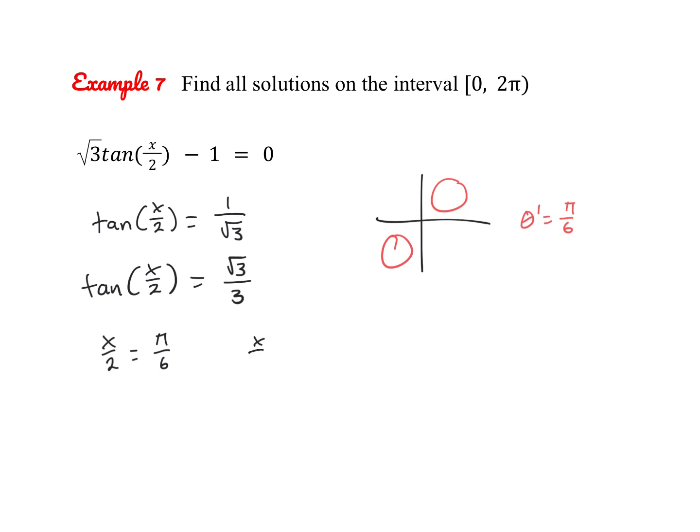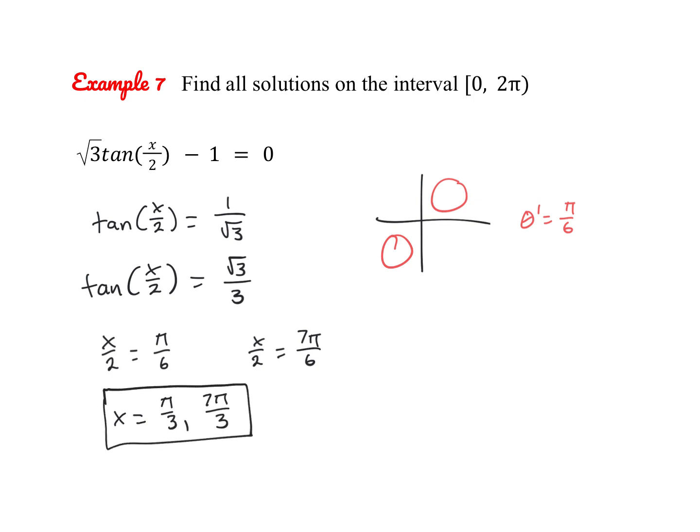We can also say x over 2 is equal to 7 pi over 6, which would be our answer in quadrant 3. And then you can see here that we can finish solving just by simply multiplying our answers by 2. So we get 2 answers here, x equals pi over 3 and 7 pi over 3.